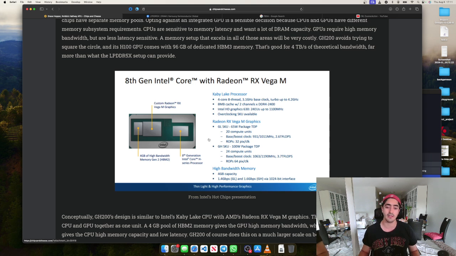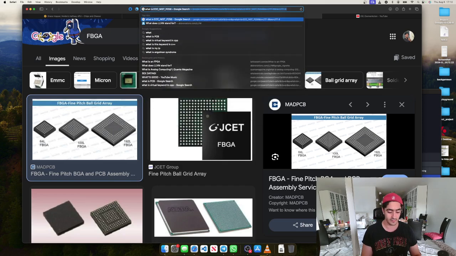8 megabyte cache with 2 channels, DDR4 2400, Intel HD graphics 630, 24 EUs up to 1100 megahertz, overclocking software kit available, Radeon RX Vega M graphics, GL SKU software kit. Is it SKU? What does SKU stand for?